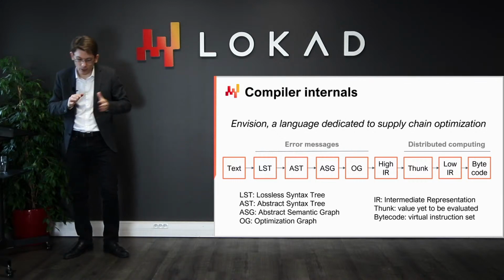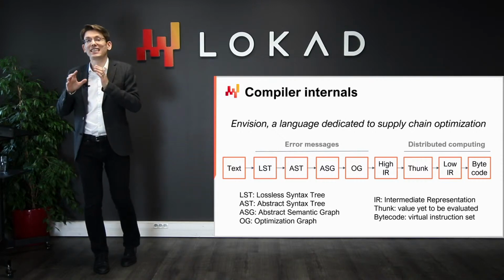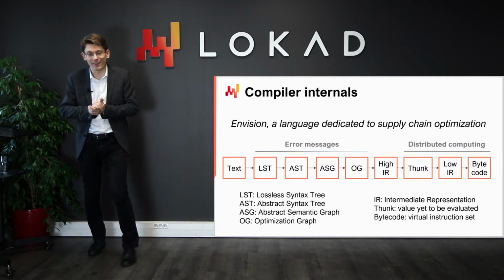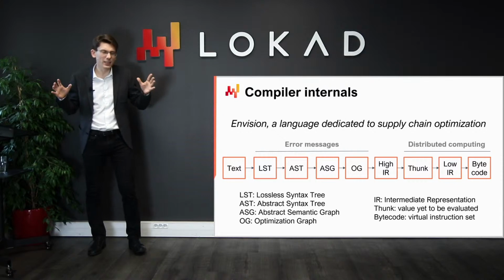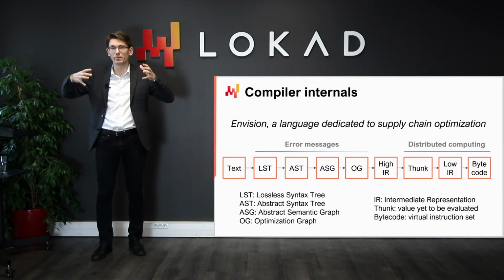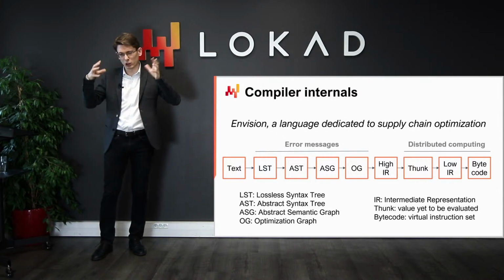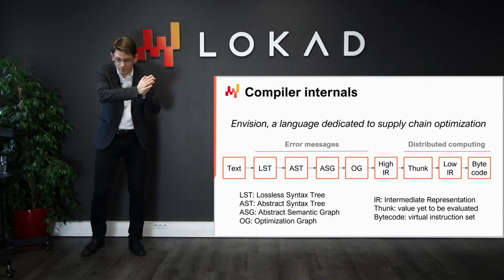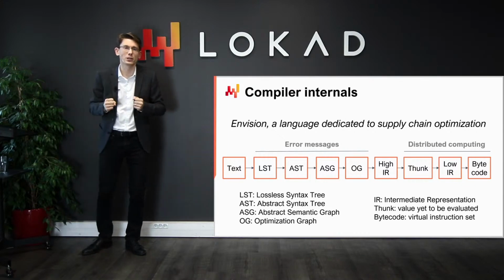Then, moving on from the AST to the ASG, we essentially flatten the tree. Indeed, think of it: you're writing a program, and in some of your statements you can have fairly big expressions, just like in an Excel spreadsheet, where you can have a big formula with plenty of terms.